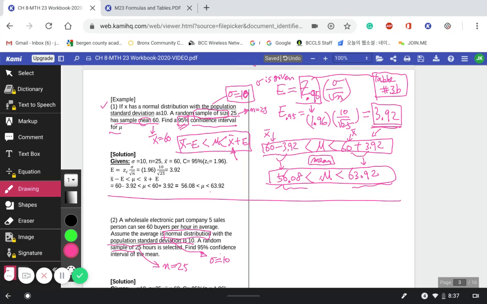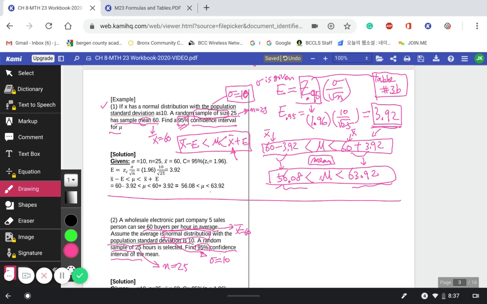And since 60 buyers per hour on average, that indicates that x bar is 60 here. And then finally, they want to find the 95% confidence interval of this mean.